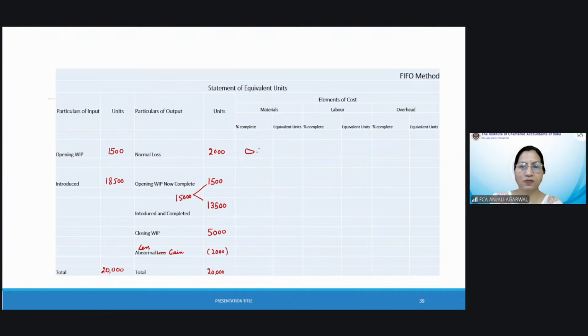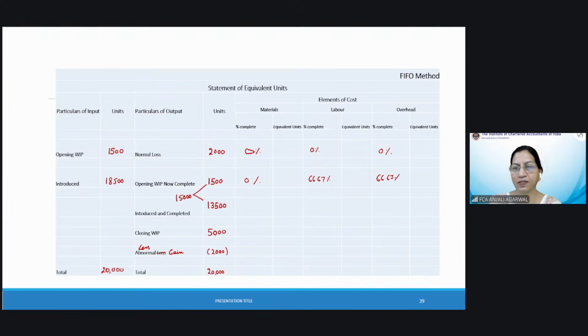All right, let's look at the degree of completion. Normal loss is always 0%. Opening WIP was material-wise 100% complete, so now it is 0%. Labor and overheads wise, it was 33 1/3, so now it is 66.67%. I don't need the third column.